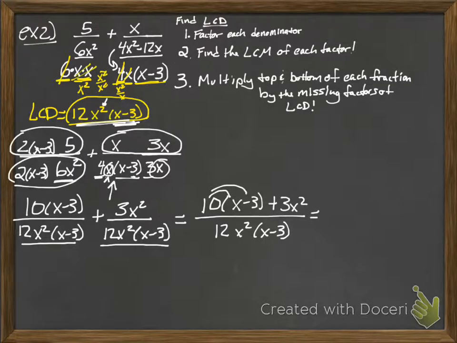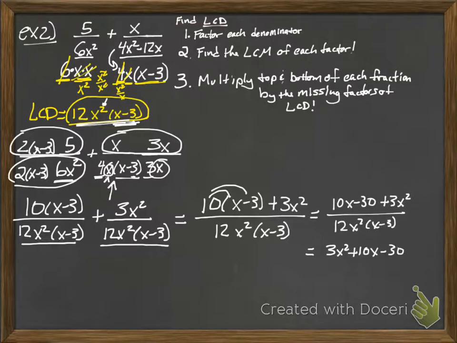So I get 10x minus 30 plus 3x squared over 12x squared times x minus 3. And if we write that numerator in standard form, it'll look nicer: 3x squared plus 10x minus 30 over 12x squared times x minus 3. And we've just added those two fractions to get that result.